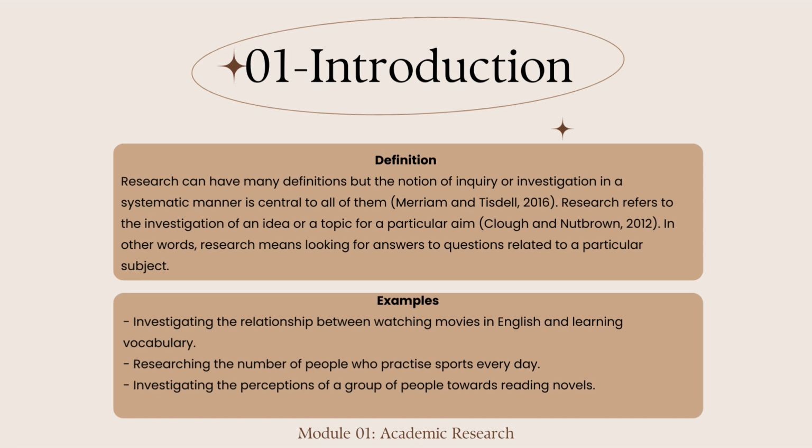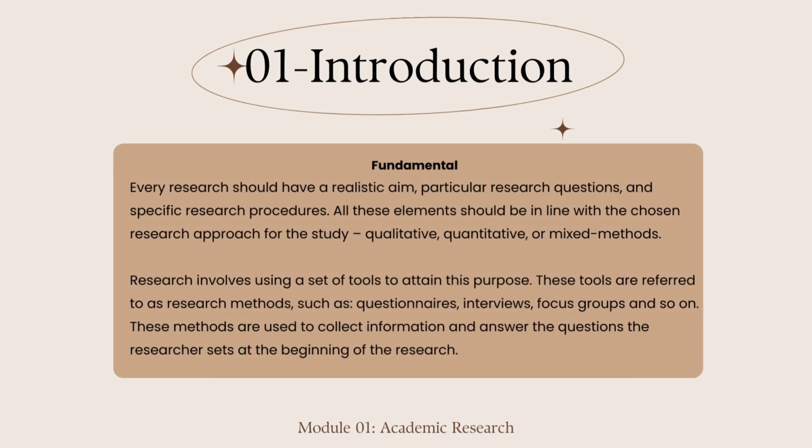Based on your interest in conducting this research, you have to choose a research approach. And in this case, since you're interested in knowing more about their experiences and the details, automatically the most suitable research approach is qualitative.